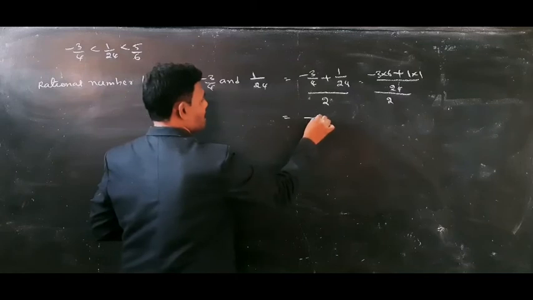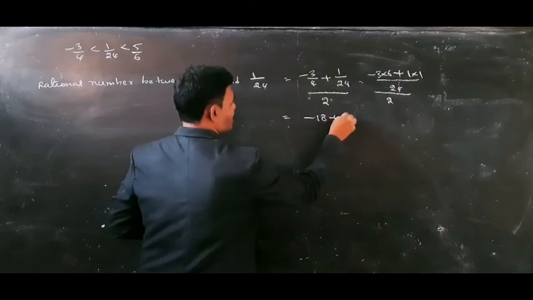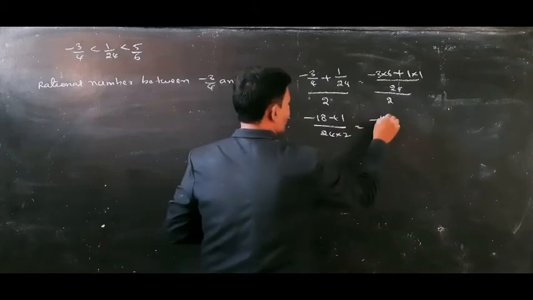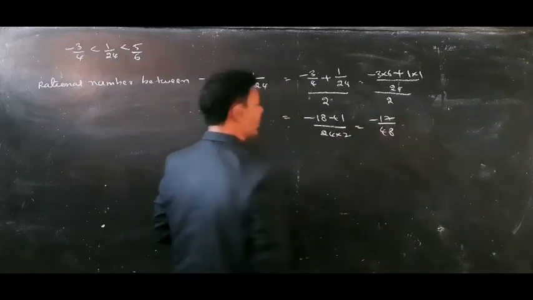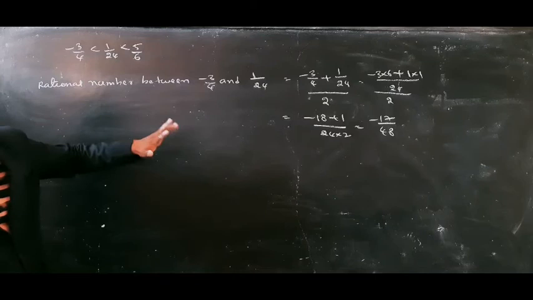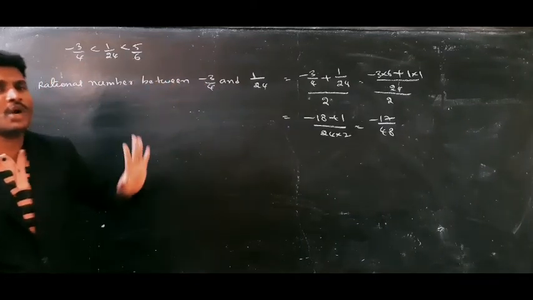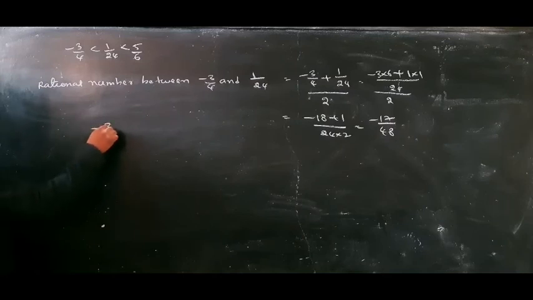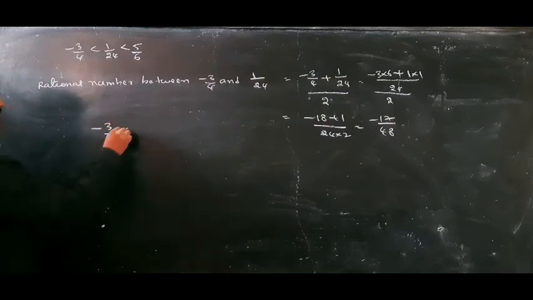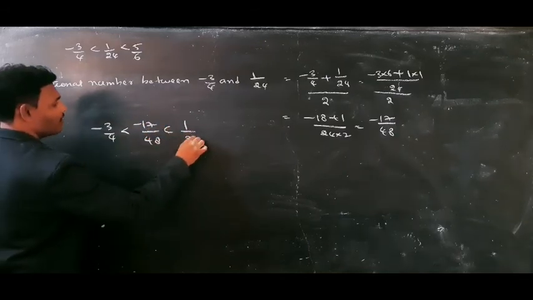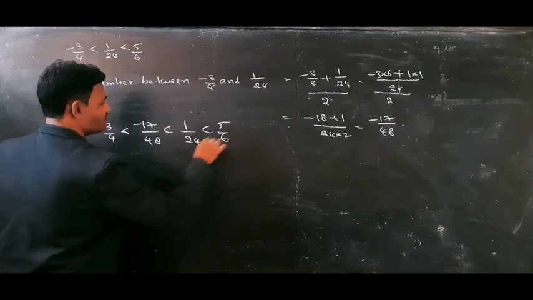Minus 3 6s are 18 plus 1 into 1, by 24 into 2, is equal to minus 17 by 48. So minus 17 by 48 is a rational number between minus 3 by 4 and 1 by 24. Minus 17 by 48 is more than minus 3 by 4 and also less than 1 by 24, less than 5 by 6.